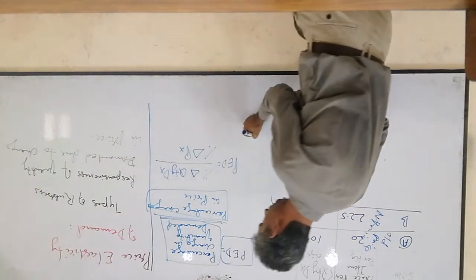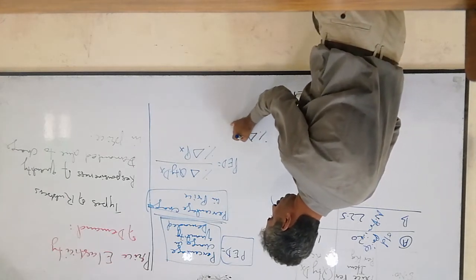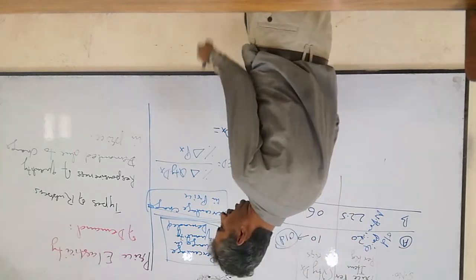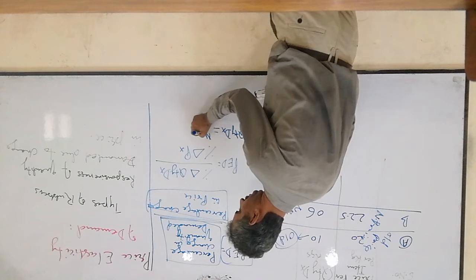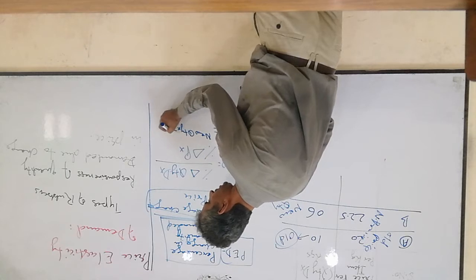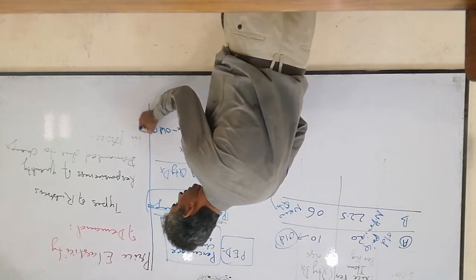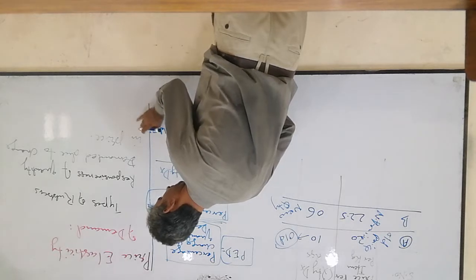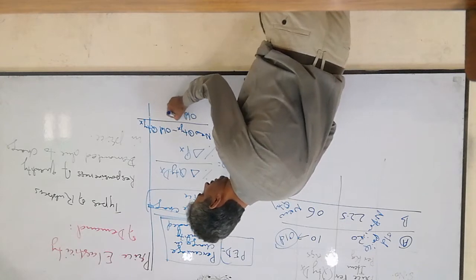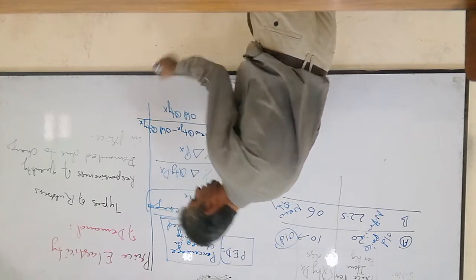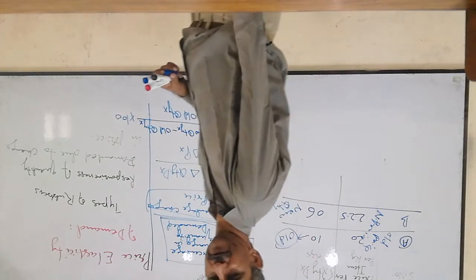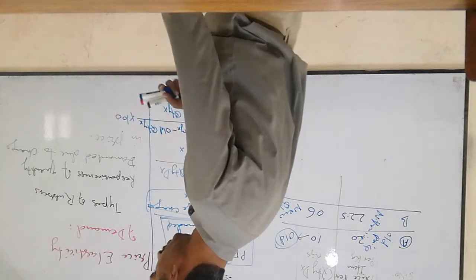To calculate the percentage change in quantity demanded of X, the formula is: new quantity of X minus old quantity of X, divided by old quantity of X, into 100. We multiply the outcome by 100 just to convert it into a percentage change.